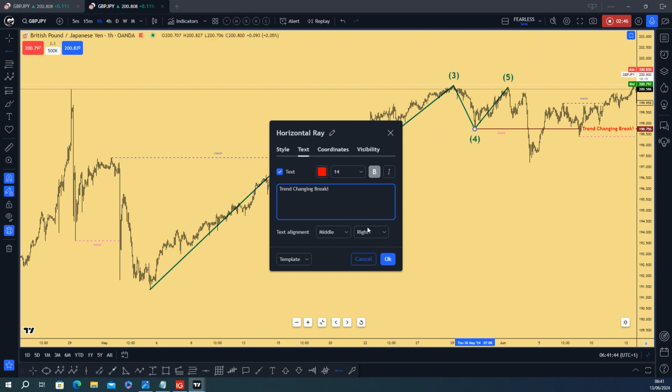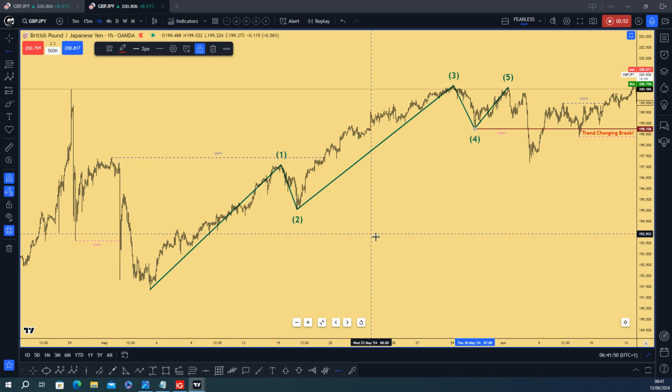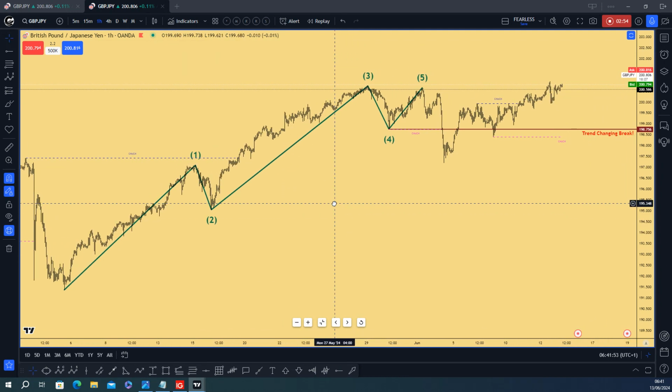So that's your trend changing break there. Put it at the bottom so we know where we are in regards to that. So that's the first thing we want to look at.